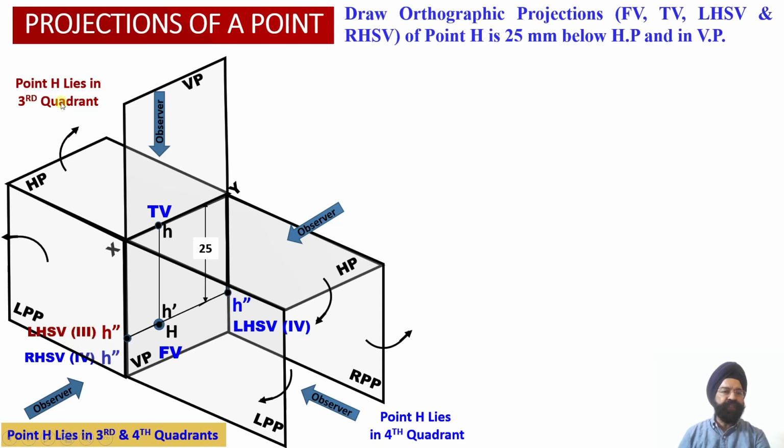These projections we have marked with red color to distinguish them from the right hand side view projections which we obtained earlier, assuming the object to lie in the fourth quadrant.